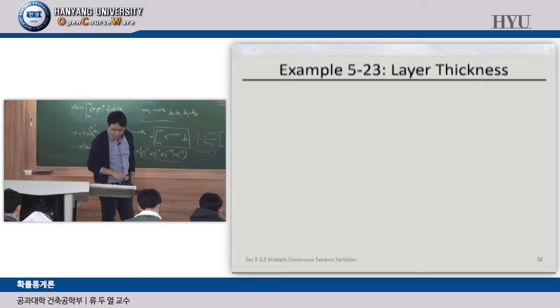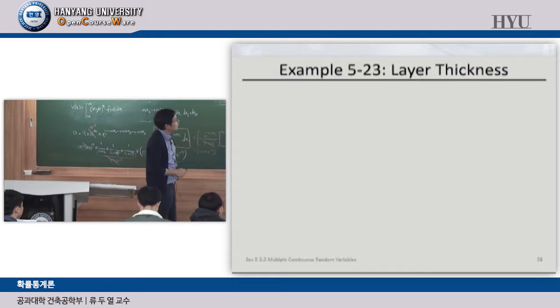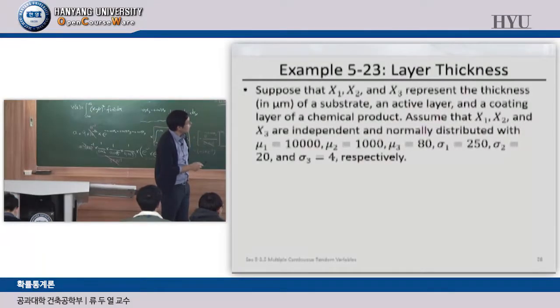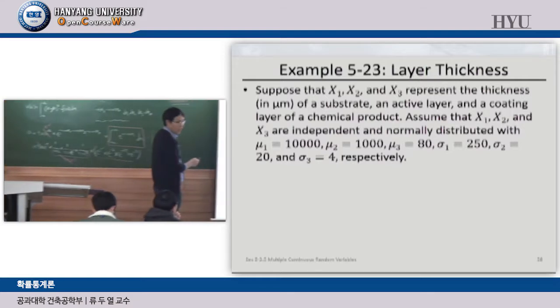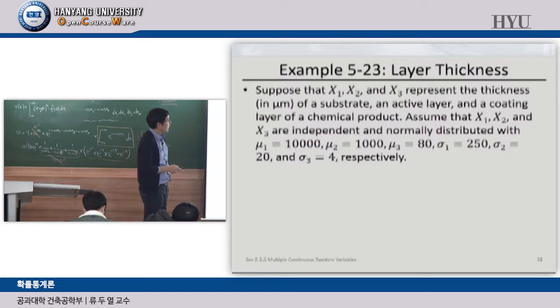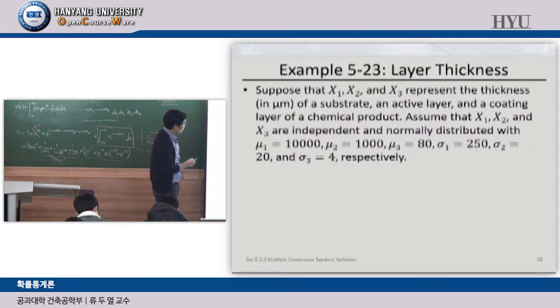So this is example 5-23. Suppose that x1, x2, and x3 represent the thickness of a substrate, an active layer, and a coating layer of a chemical product. And assume that X1, X2, and X3 are independent, okay? This is very important. They are independent and they are normally distributed, which means that the normal distribution can be applied, with these three means and these three standard deviations.